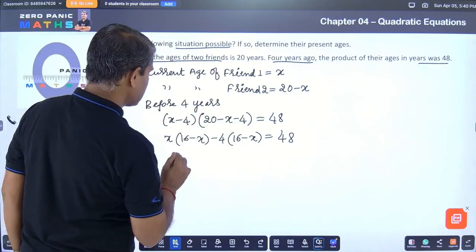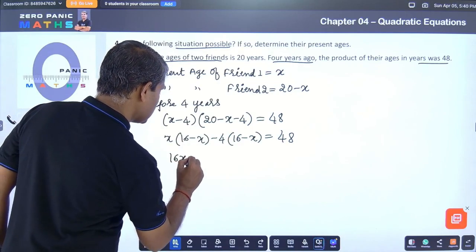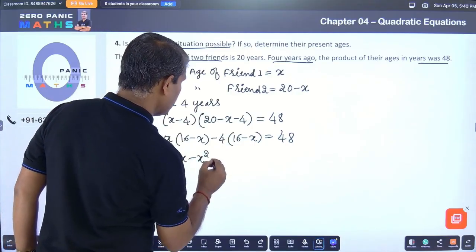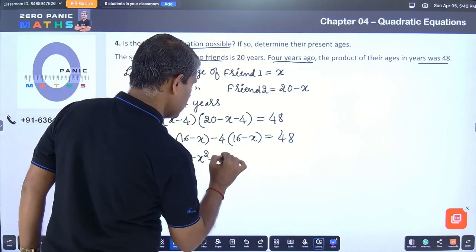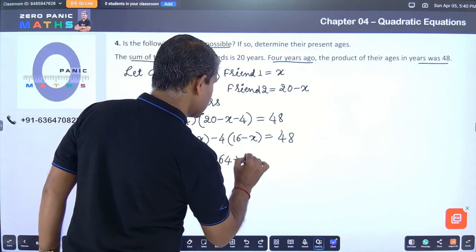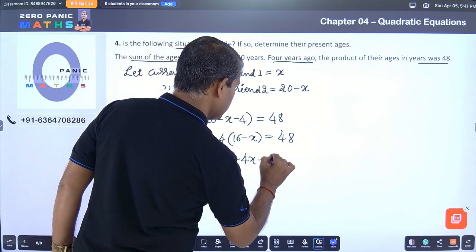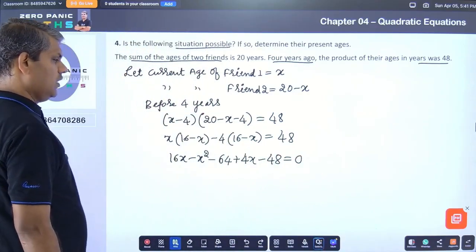Now 16 into x is 16x, minus x into x is x square, minus 4 into 16 is minus 64, minus into minus plus 4x, and take 48 to this side, which will be minus 48 is equal to 0.